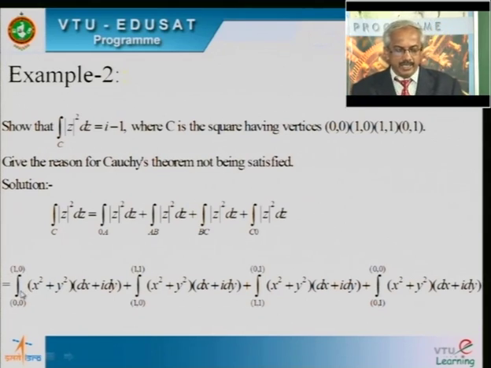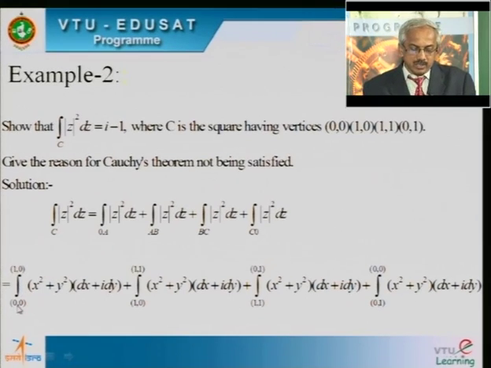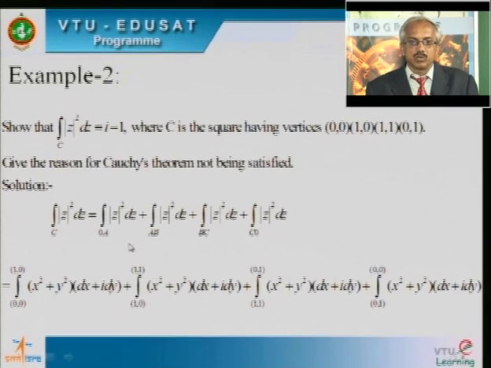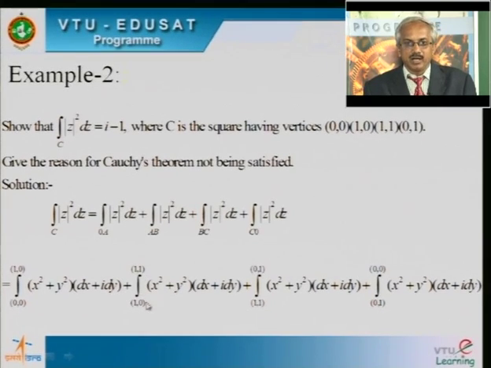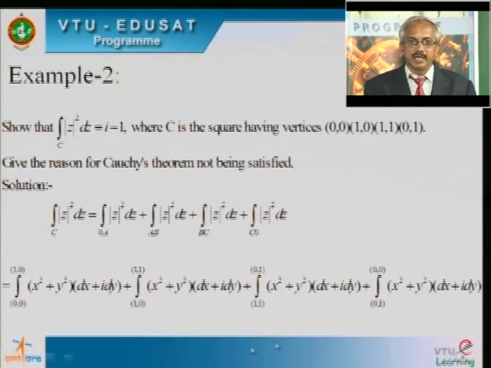Integration along the line OA: the coordinates of the limits are 0, 0 to 1, 0, of x squared plus y squared into dx plus i dy, because dz is equal to dx plus i dy. In a similar way, all the limits I have written in the previous problem, the same way we have taken here.